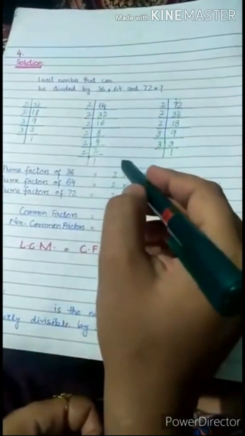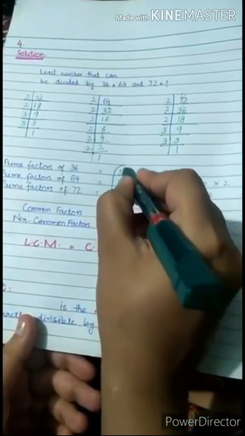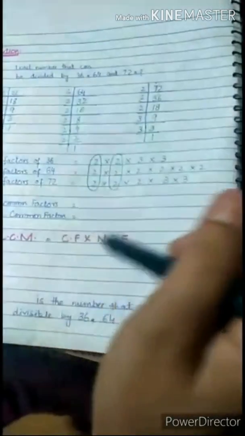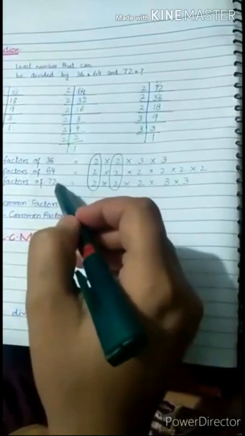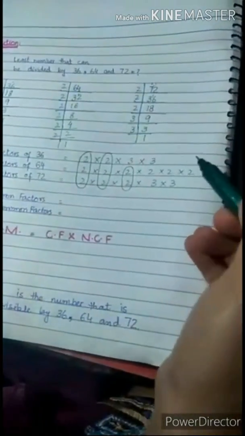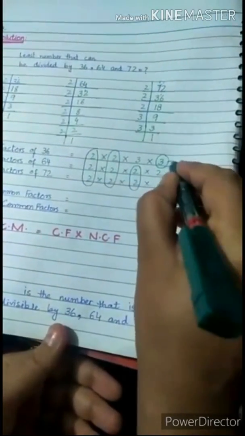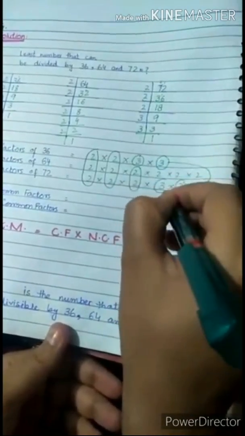Now we have to figure out the common factors. As I told you before, we can figure out a common factor between the 2 also. So this is also a common factor. And now look, 3 here and 3 here.